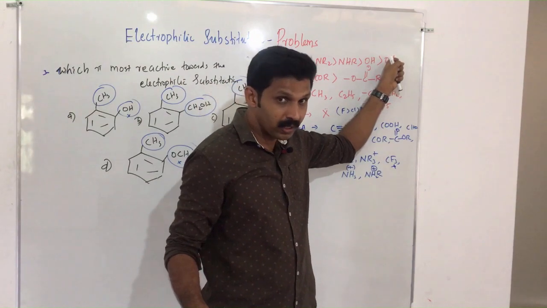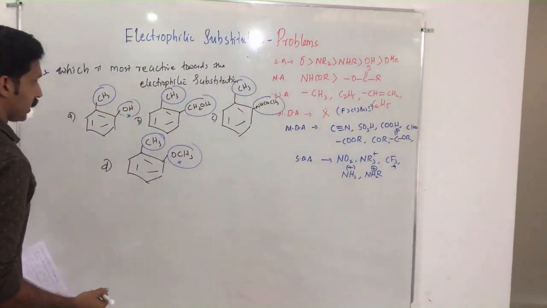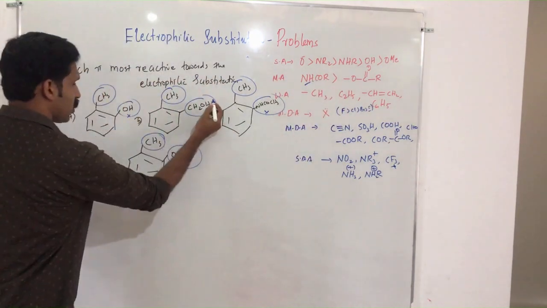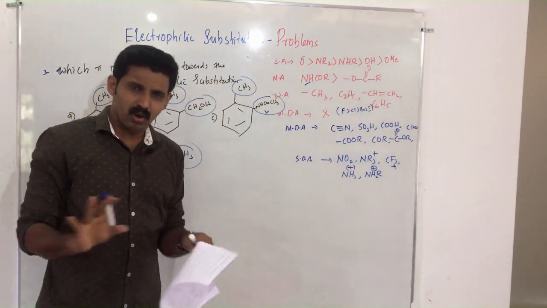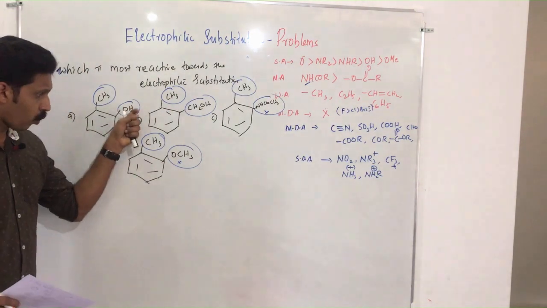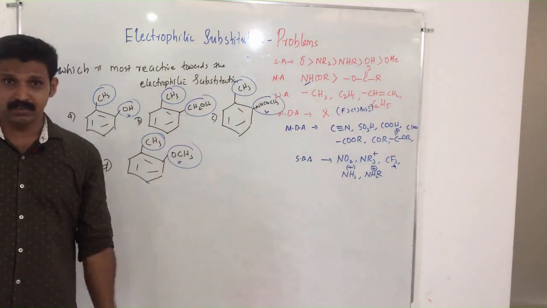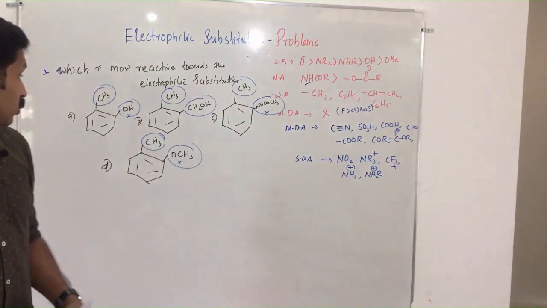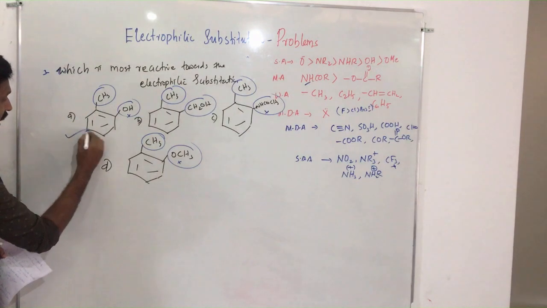OMe means ether group. NHCOR is a moderately activating group. CH2OH is neither activating nor deactivating, actually. Therefore, OH is a strongly activating group, OCH3 is again strongly activating, but OH is more powerful than OCH3. So the answer is A.